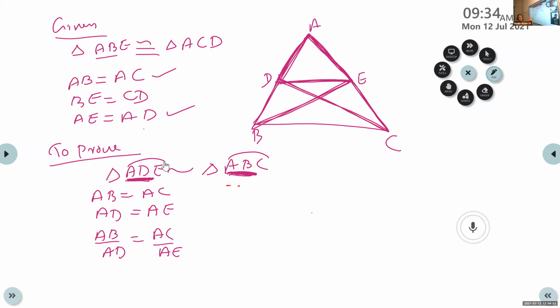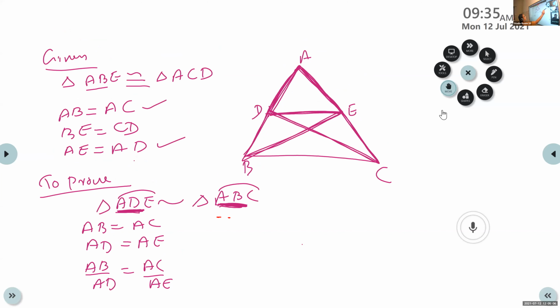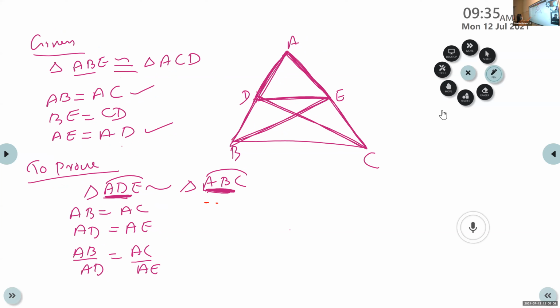Two sides are in the same ratio, proportional. Can you add anything else to that? We have to prove ADE similar to ABC. Here we got AB by AD equal to AC by AE. Sides are proportional, we got.